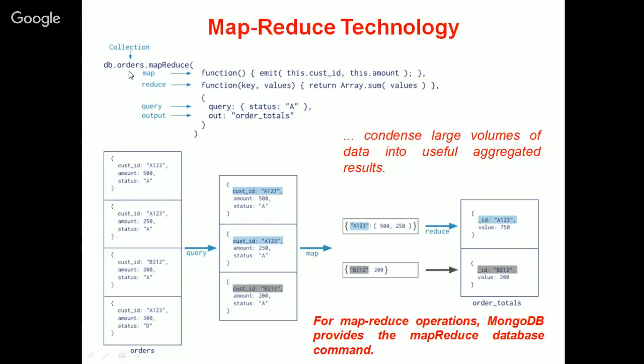So database name dot orders, meaning collection name dot mapReduce, and automatically sharding will be implemented, multi-threading on your database will be implemented, and you will get results in very less time.